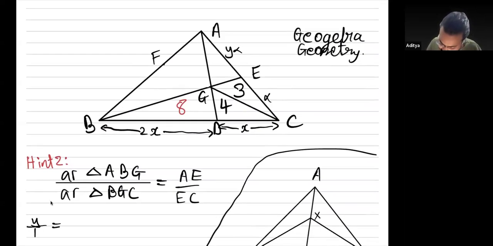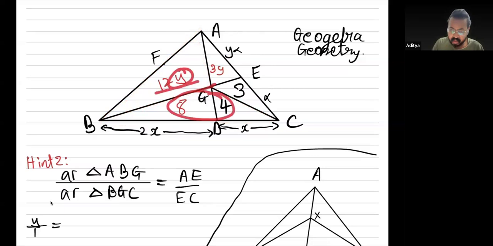This triangle AGE will now have area 3y. Similarly, the area of triangle ABG will be 12y. Is this fine? This triangle will have y times the area of this one, and this triangle will have y times the area of this entire region, which is 12y.